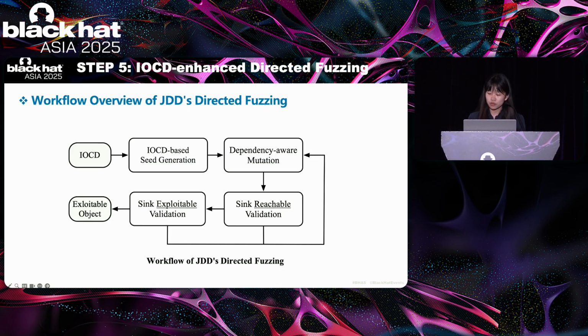Then JDD will use the IOCD to select appropriate fields for mutation and reduce the uncertain mutation space through the constraint information, and implement a dependence-aware seed mutation strategy to maintain the validity of the overall structure at the time of mutation.